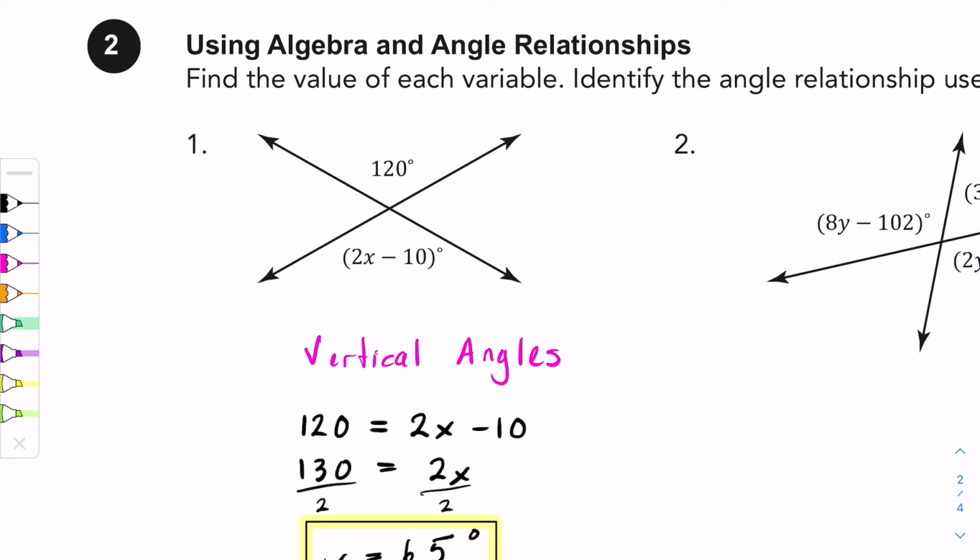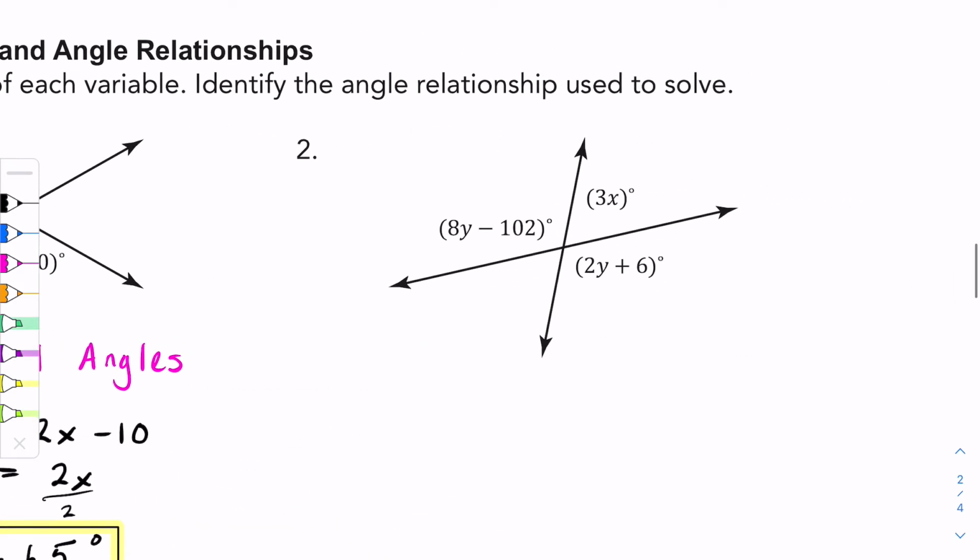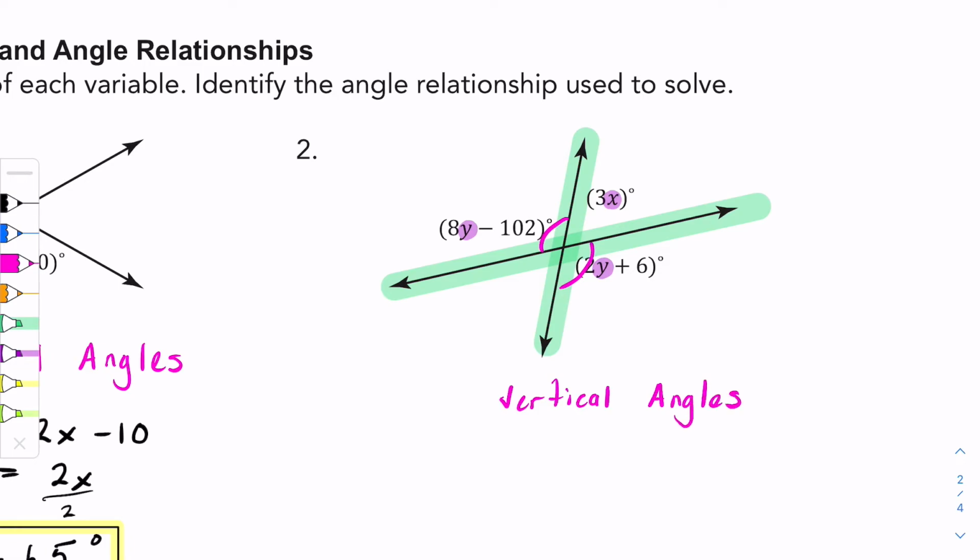For number 2, we're solving for two variables. I see that I have the variable y, but I also have a variable x. So I'm going to start by recognizing my vertical angles. I recognize that I have these two angles that are congruent or equal to one another. If I use those angles, I can set them equal to each other.